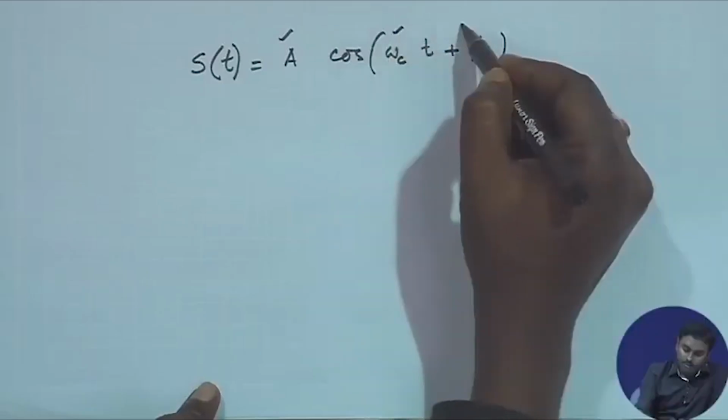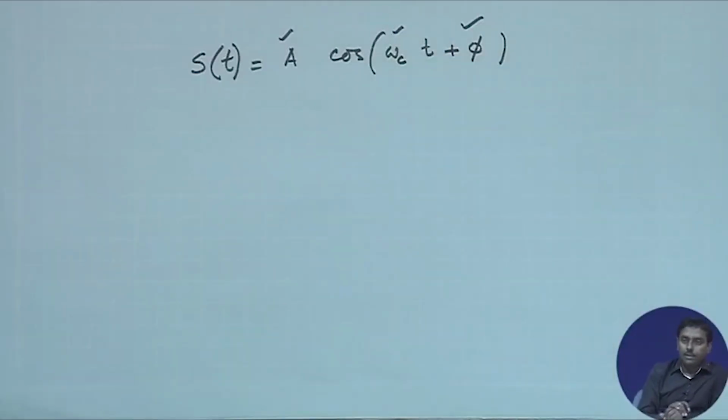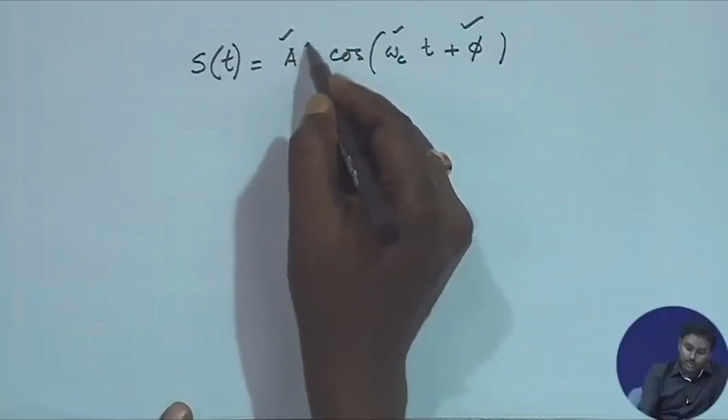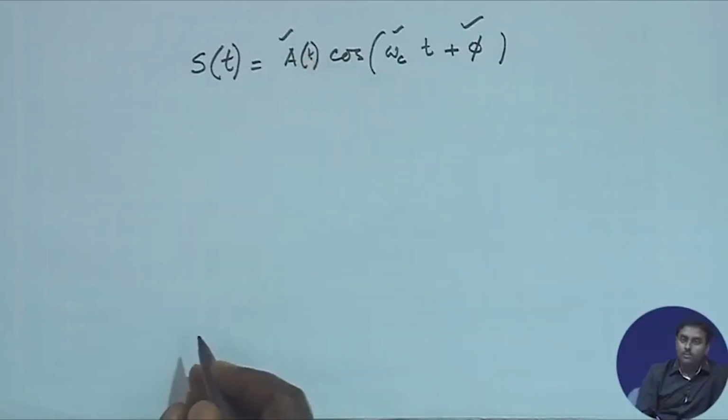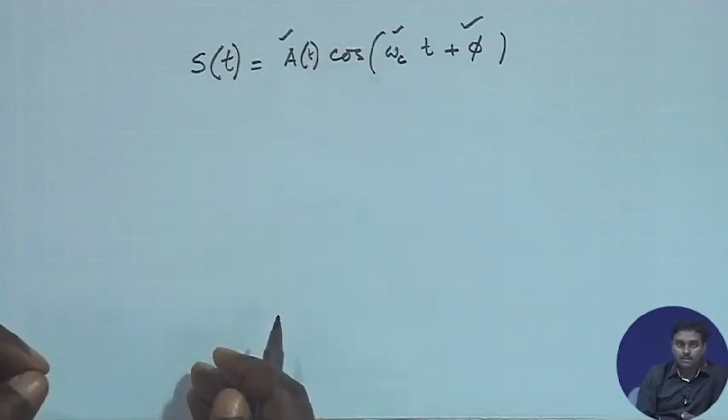Okay. So right now we can see there are 3 terms in the carrier. While modulating, I can use one of these 3 to carry my signal. Suppose I have a message. What I can do is either make this amplitude time varying, proportional to my message signal.